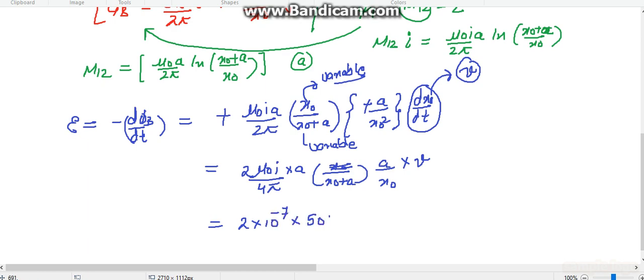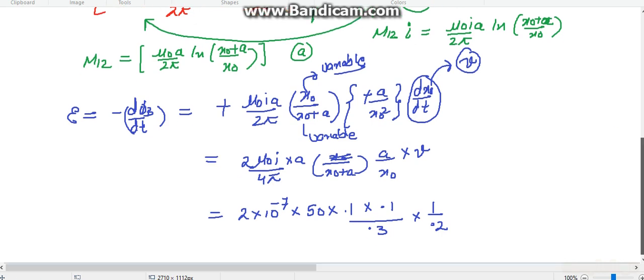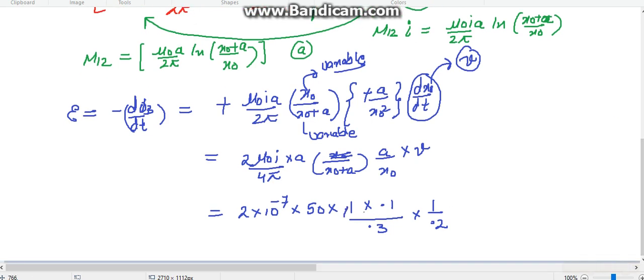Current is 50, a is 0.1, into 0.1 upon x0 plus a, which is 0.3, into 1 upon 0.2. The point gets cancelled.